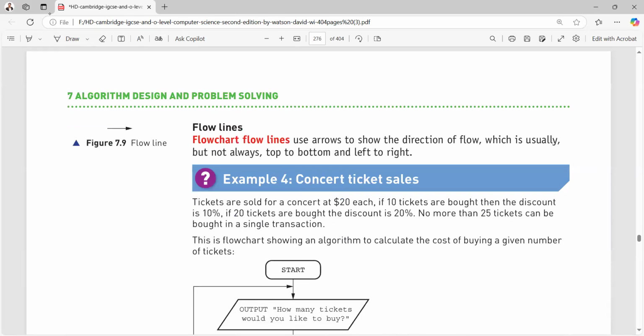We also have flow lines, but flow lines are basically used to show at which part your algorithm is going. When I'm creating a flow chart, this is basically a category of your algorithm, but the coding part is the third part.